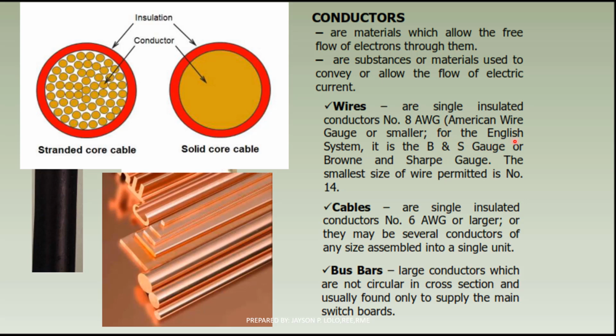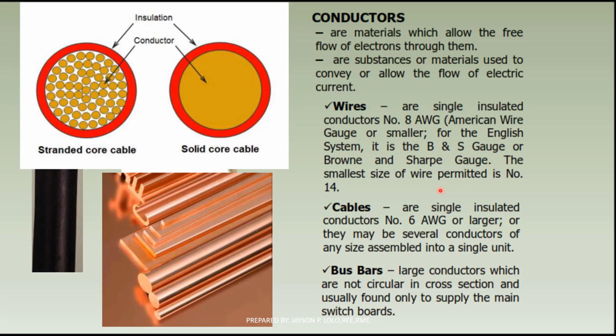This is for the English system, so it is the B&S gauge or Brown and Sharp gauge. The smallest size of wire permitted is number 14. Here in the Philippines, we are using American wire gauge, which is under the English system, and also the SI system, which is converted into mm squared.